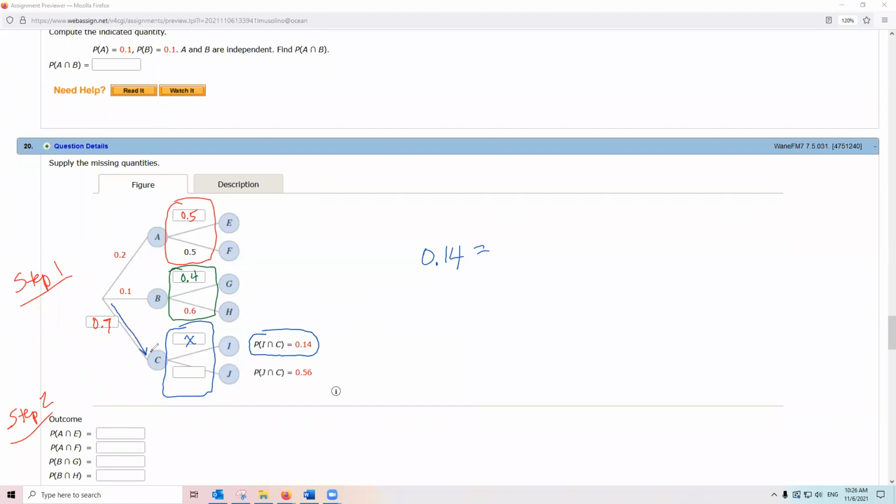So if I come this way and then go that way, that's 0.7 times X. But that has to equal 0.14 that they gave. So I'm just going to divide both sides here by 0.7. And so X equals 0.2. Okay. Well, if I know the top box is 0.2, I can immediately fill in the bottom box as 0.8. Then I could go ahead and work on step 2 of the problem.